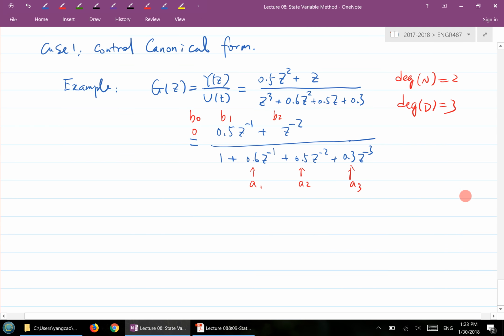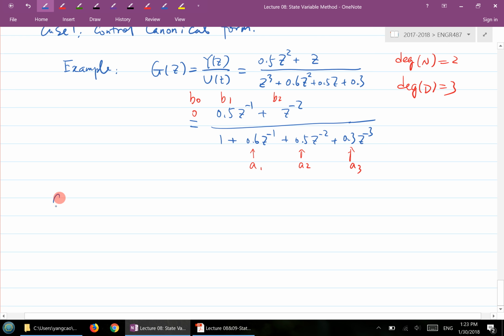Once we have this, to derive the control canonical form, we introduce a temporary symbol, which we call H of z. We're not changing anything; we basically introduce it in both the numerator and the denominator at the same time, so they cancel each other.